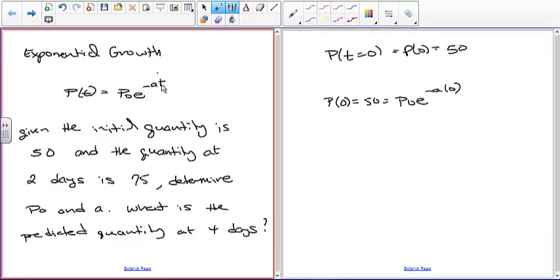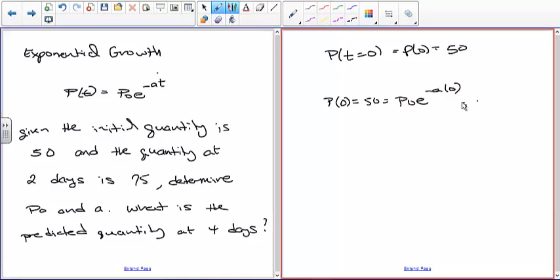So t is the variable and the time is 0. So what you get is P0 e to the 0. So it doesn't matter what a is. You're going to still multiply it by 0, so it's going to be 0. e to the 0 is 1. So what we get is P0 is 50.